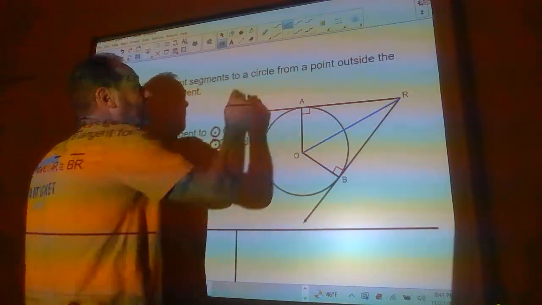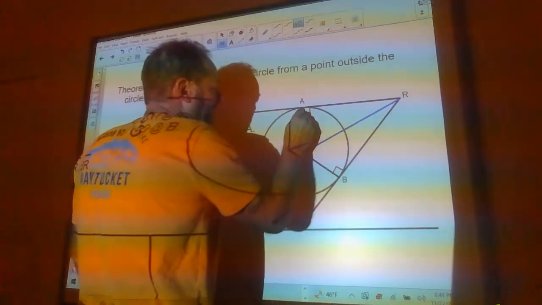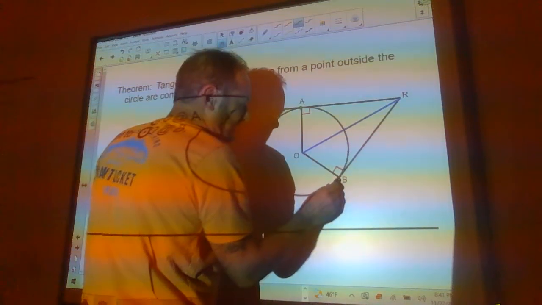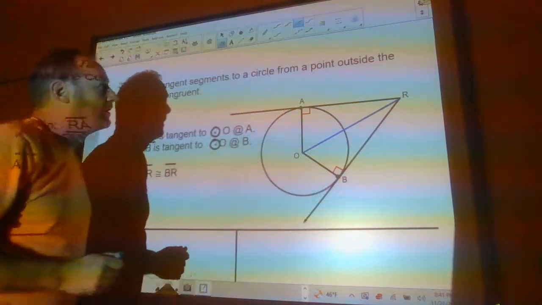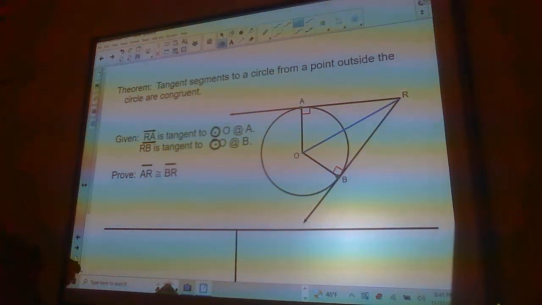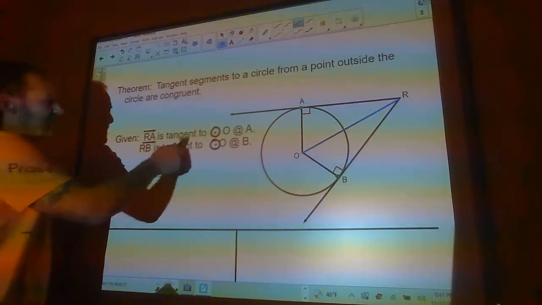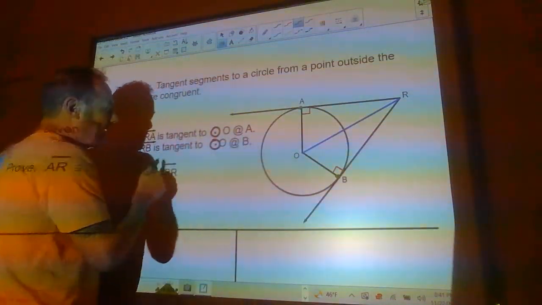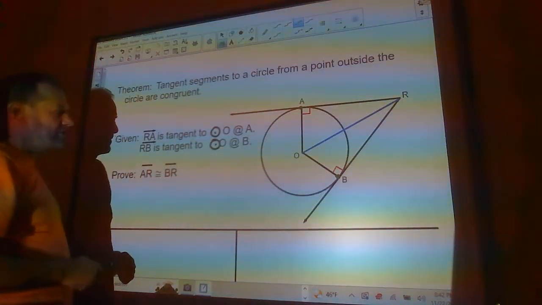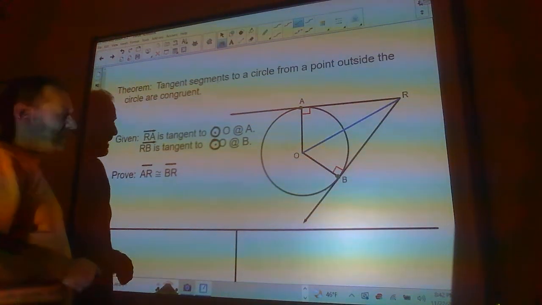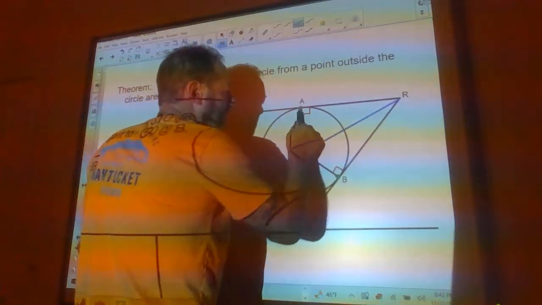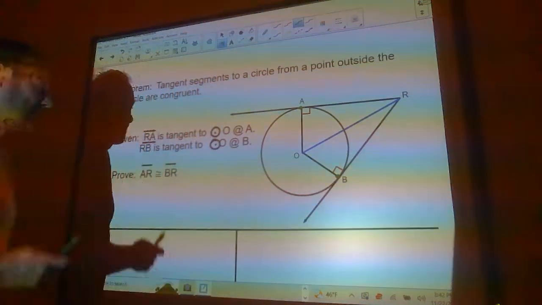The point of tangency here is A, the point of tangency here is B. So RA is tangent to circle O at point A. RB is tangent to circle O at point B. And I have to prove that AR is congruent to BR.